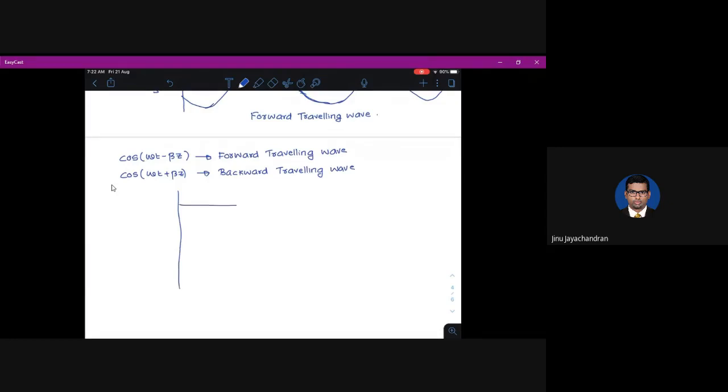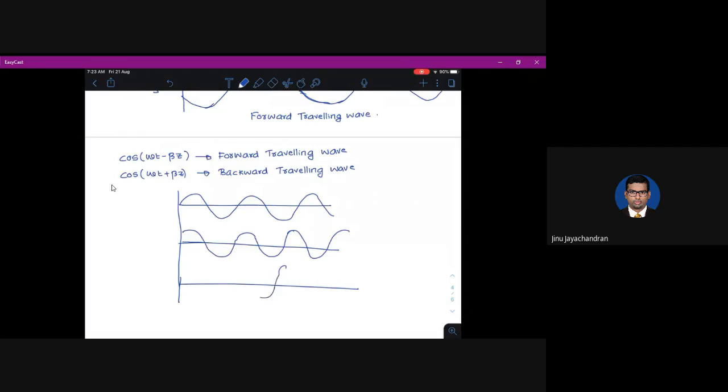So if I draw this, if this is the point P, you feel that you are going backwards.